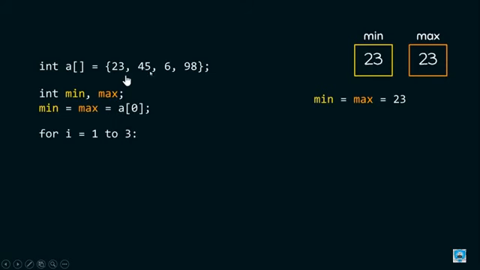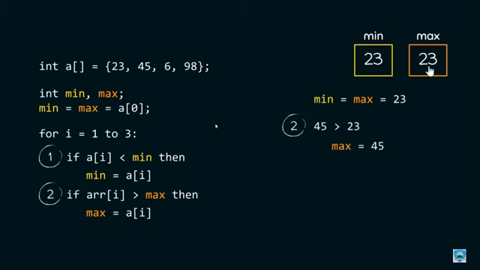Gradually, this 45 will be compared with this 23. If this value is less than that, my minimum will become that value. And if this value compared with maximum is greater than this 23, it will become my maximum value. Same thing, this loop will continue three times, and I will find the smallest value, meaning minimum, and the biggest value, meaning maximum.